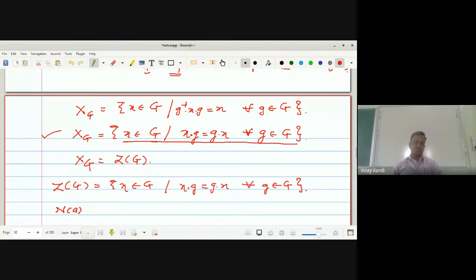Normalizer of element. Okay, परवा एक असं सेमिनार झालं तर ते विचारलेलं ना, what is the normalizer of an element and the centralizer of an element.